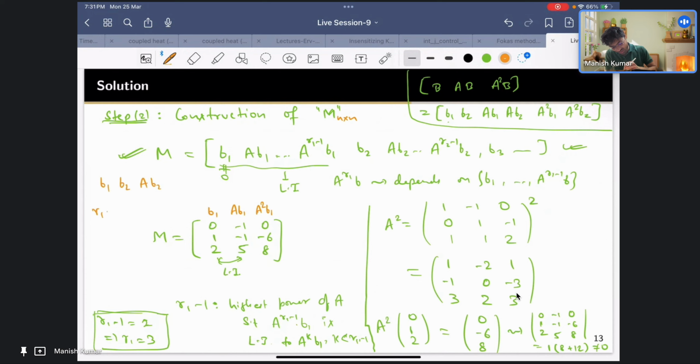So over here what is R1? R1 is 1, right? Because A raised to the power 0 times B1 is the maximum linearly independent thing. So here R1 minus 1 is 0, so R1 is 1.